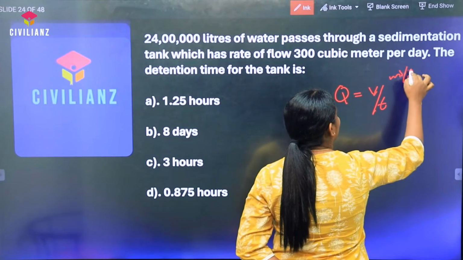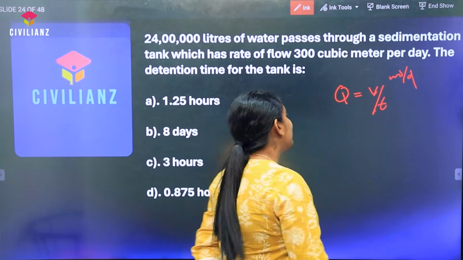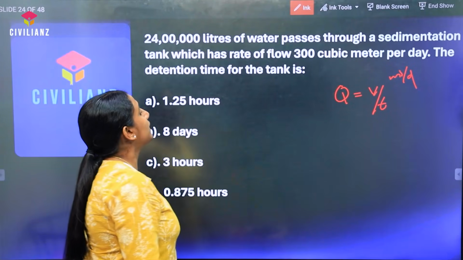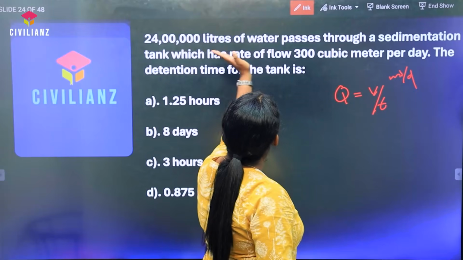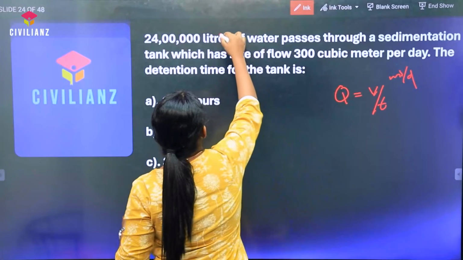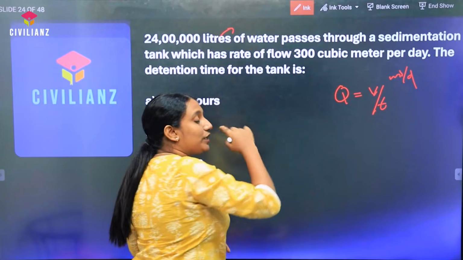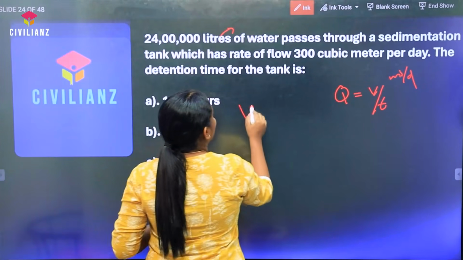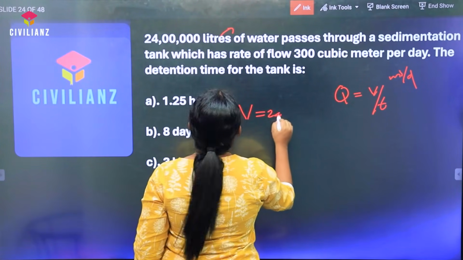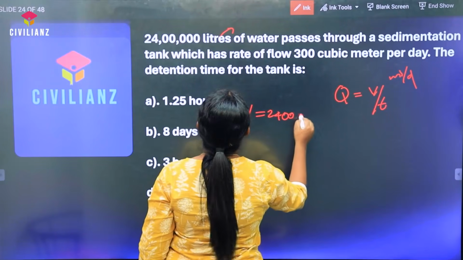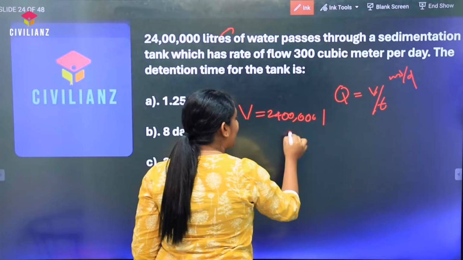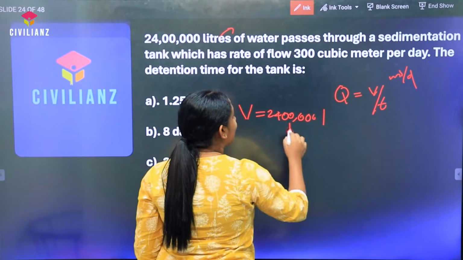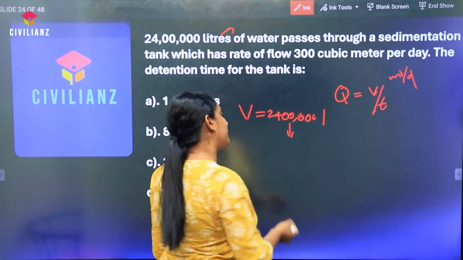Okay. So, in our question, they already gave the volume, the liter of water. We can convert liter into meter cube. So V equal to 24 lakhs liter, which we convert into meter cube by multiplying by 10 raised to minus 2 divided by 1000.